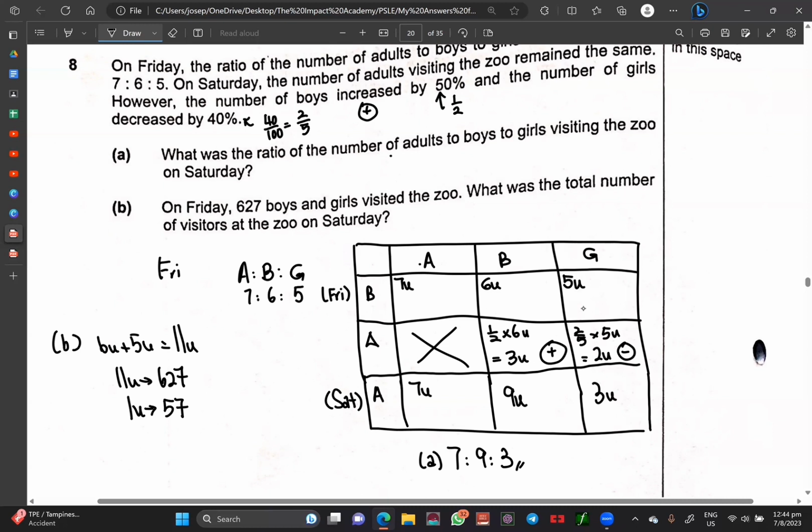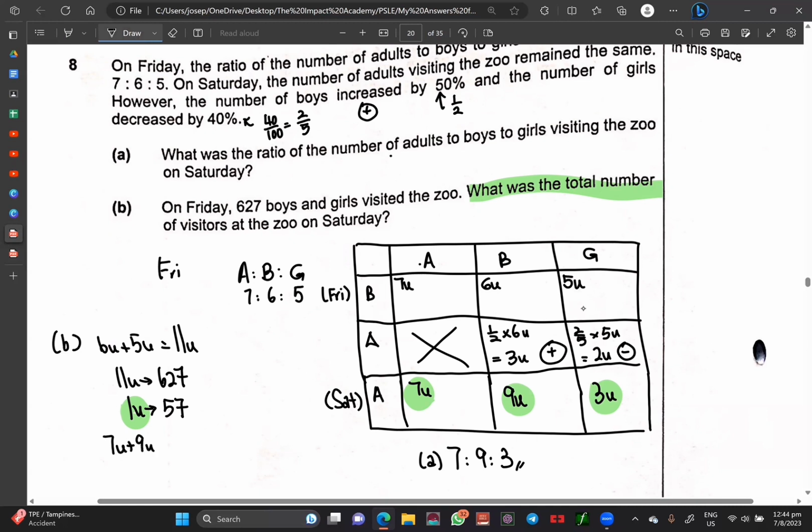Now, once this is done, you can read the question, as per usual. In my earlier parts of the video, I also talked about how 1 unit is your Mr. Greenman. So Mr. Greenman is out, read the final sentence. It says, what was the total number of visitors at the zoo on Saturday? That means they want you to add all of this up together. So 7 plus 9 plus 3 gives me 19 units.